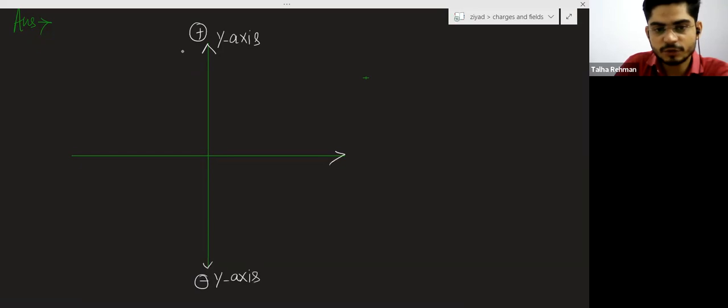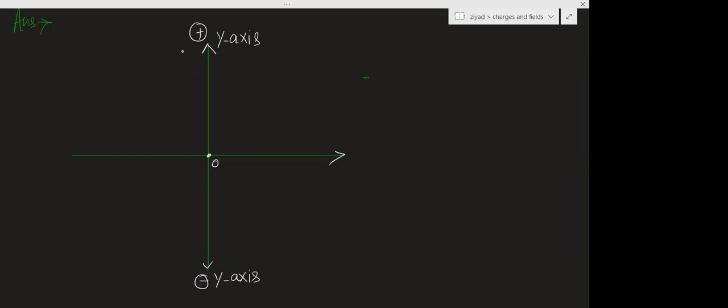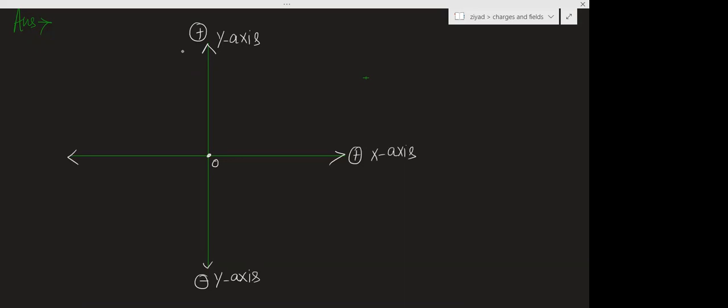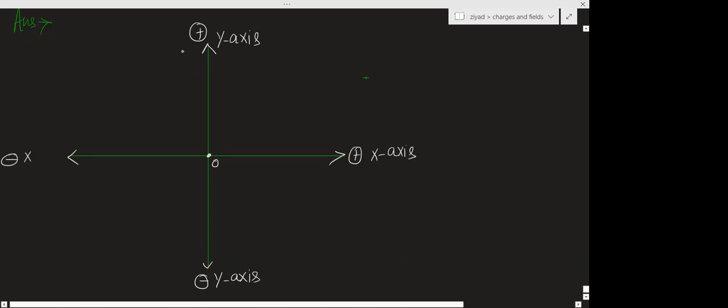In this direction, when you go, this is the origin. When you go in this direction from the origin, you will get positive values of x, so this is the positive x-axis, and this is the negative x-axis.